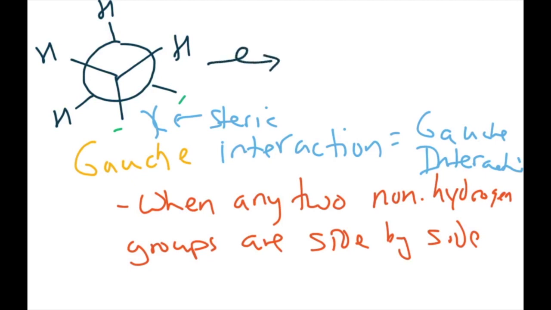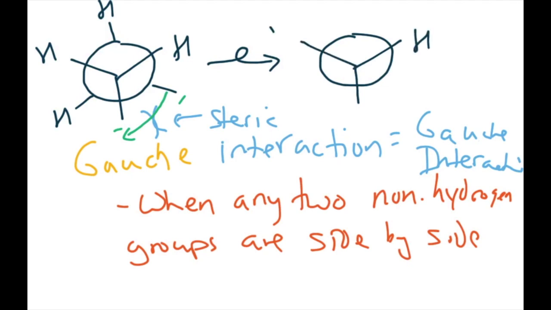We can keep turning. We're going to keep going this way, and then we're going to have an eclipsed conformation. This is a special version of the eclipsed conformation. It's called fully eclipsed because the two largest groups are on top of each other.